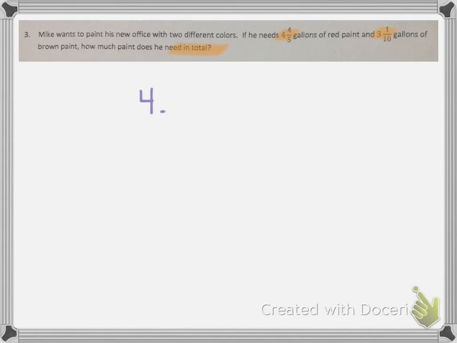The problem is I don't have a fifths place, so I'm going to change this into tenths. 5 times 2 is 10, so 4 times 2 is 8. 8 tenths. 8 in the tenths place. No problem. And I'm going to add that to 3 1/10. 3 and, this is the decimal, 1 in the tenths place.